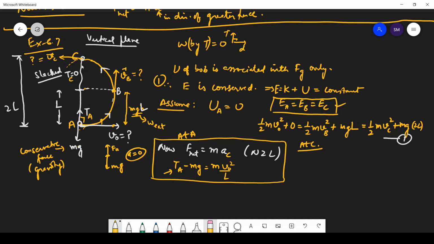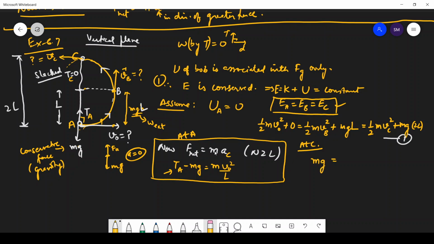So here we have actually mg, and tension is 0 at this point. So the only force we have here is net force is mg, because TC is 0. So at all the points mg is there, gravitational force.